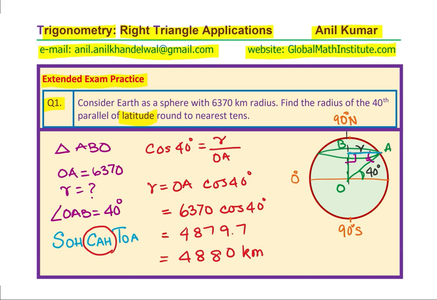The radius of the 40th parallel of latitude is 4880 kilometers. Simple as that. We need to visualize the given information and then figure out which ratio to apply to get the right answer.